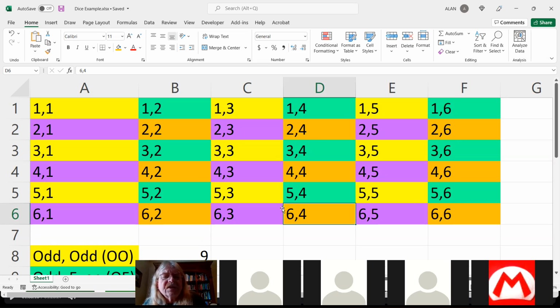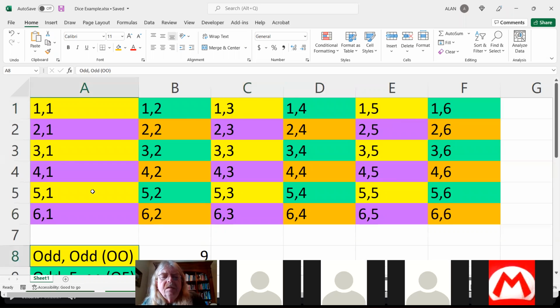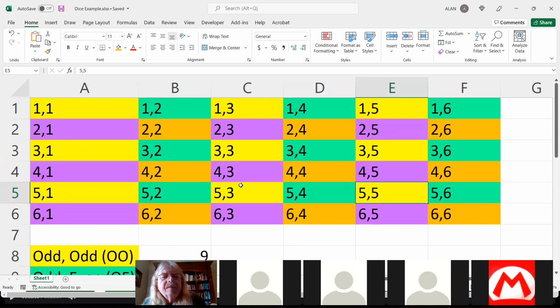So if you look at the color scheme, what this is supposed to tell us is that the yellow outcomes have an odd number followed by another odd number. And that happened in 9 different cases. If you look at all the yellows, there are 9 cases where we have an odd followed by another odd. The greenish ones are an odd followed by an even, and there are 9 of these.